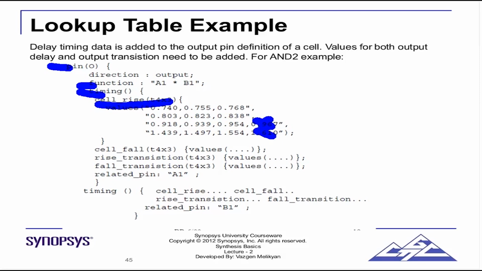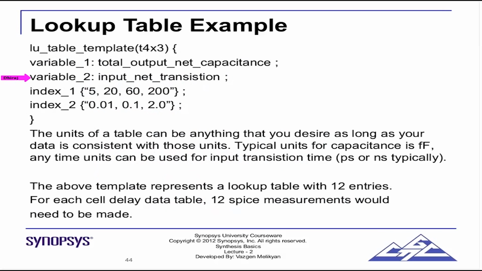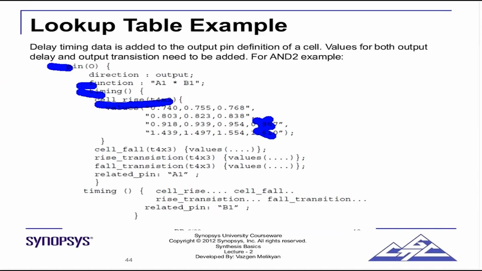So there are 12 values, each corresponding to one of these. So for example, at the capacitance of 5 and the transition of 0.01, the output O, the cell rise time is 0.74.